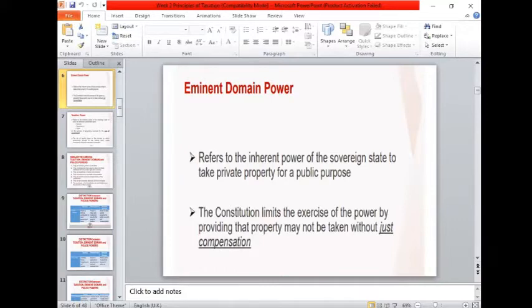This power may only be used to take private property for public purpose. If the private individual is still alive, the government will negotiate and pay the price or compensation for the property that can be used for the public interest.